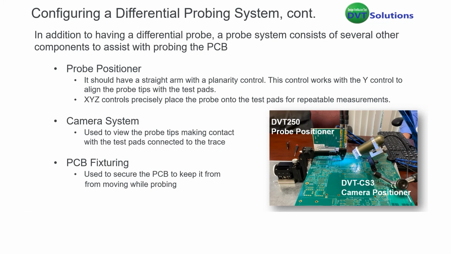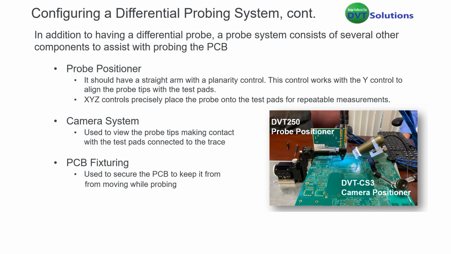Now, since we build probe systems, a lot of people ask, I just need a quotation for some probes, thinking that's all you really need, but it's not practical to hold probes in your hand onto a board and control your instrument at the same time without creating bad data. So essentially, a probe system that we put together is not a fixed platform.